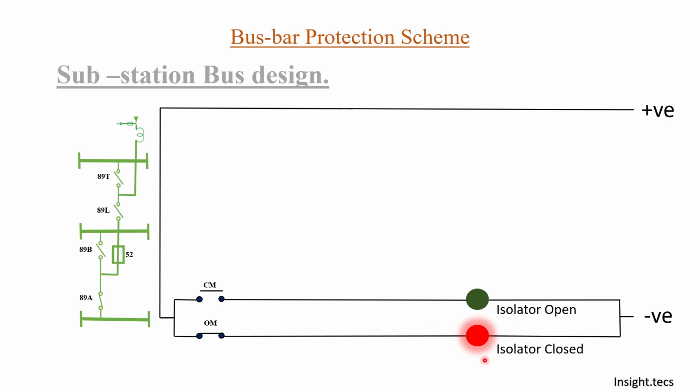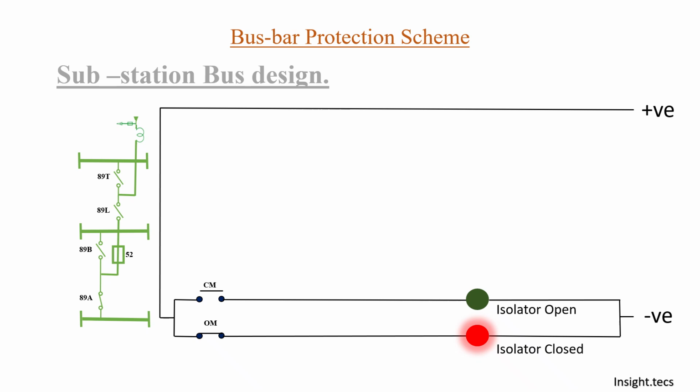Now let us understand how the indication of whether the isolator is open or closed is received on the panel. When the positive DC is extended to the panel, there will be open and closed contacts over here. When the positive is extended and the isolator is in open position, the isolator open LED will glow because this is closed.